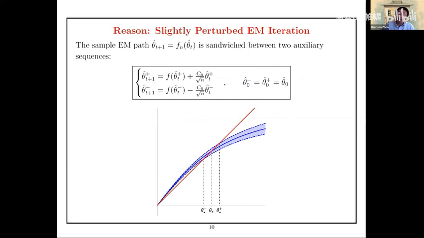And the proof of this result is kind of trivial as well. What we do is this: we approximate the sample version by the population version. The solid blue curve is the function of the population update. The intersection with the 45-degree line is theta star. That's the only fixed point.